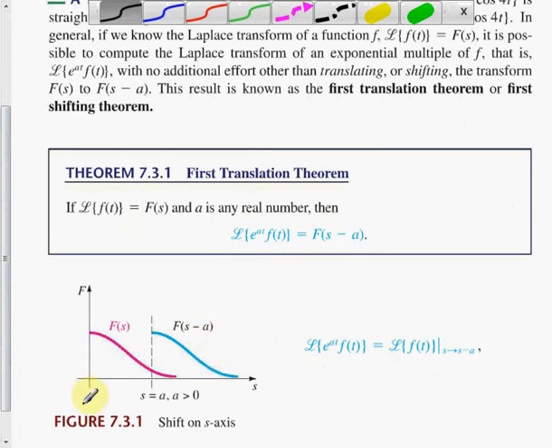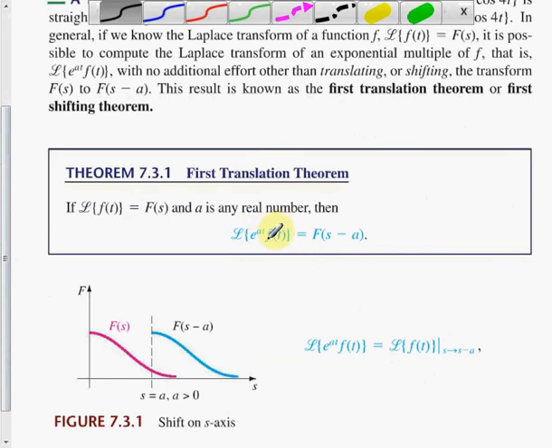So what we're going to do is take the Laplace transform of f, and when you do that, we evaluate it as s goes from its position to s minus a. I think that's a really cool way to do it. Now, what are they saying?